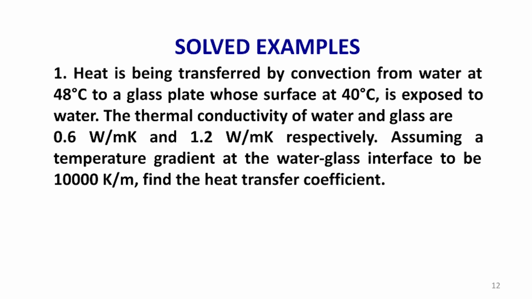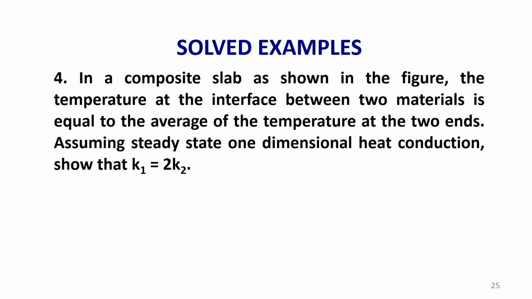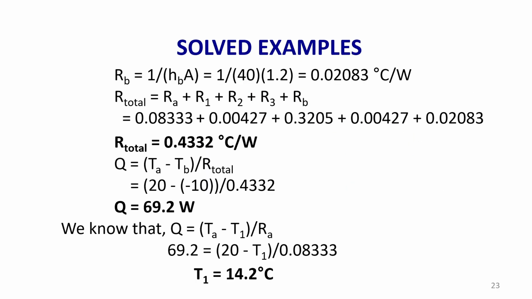Okay, so before solving this numerical, let me take a few minutes, maybe 5 to 10 minutes, to quickly go through the two problems which I could not solve due to time constraints in the previous lecture. Okay, so we have seen up to this point, we have evaluated the Q value for the double pane window, that is, the window which consists of two layers.